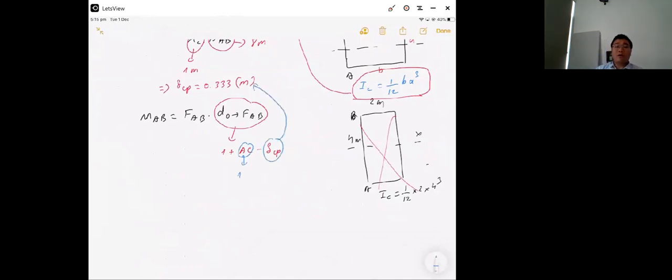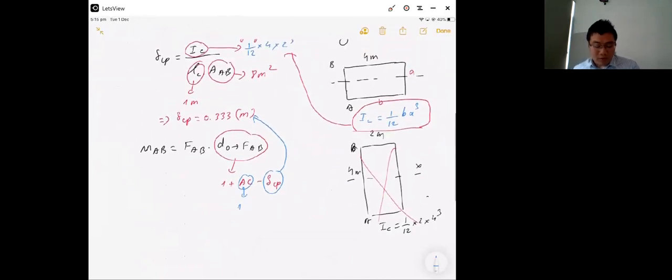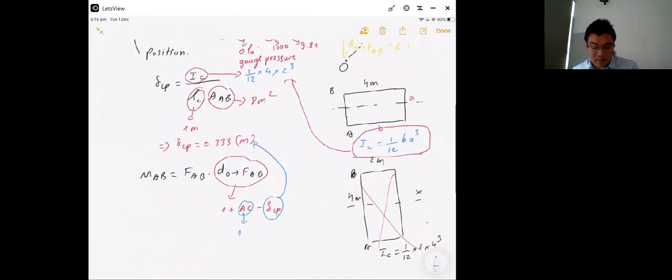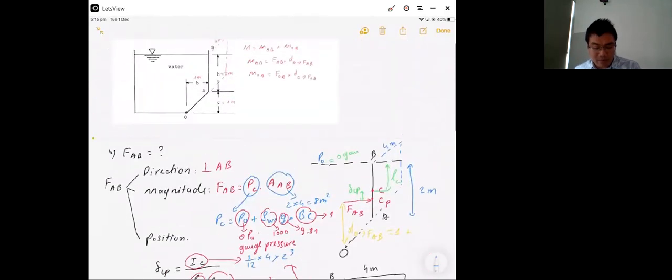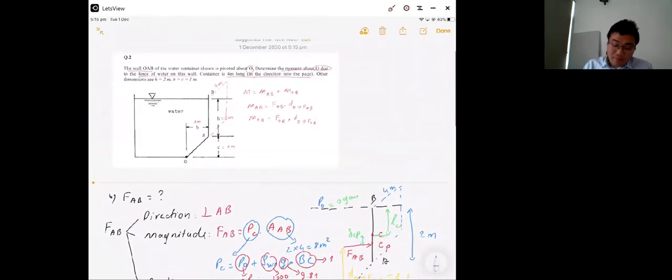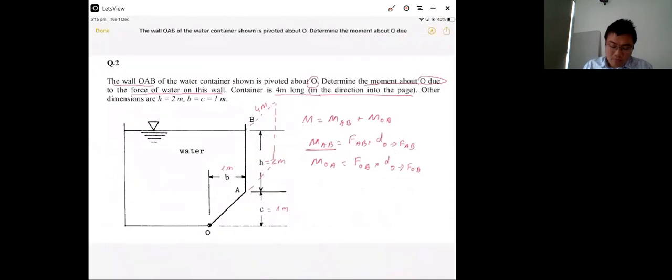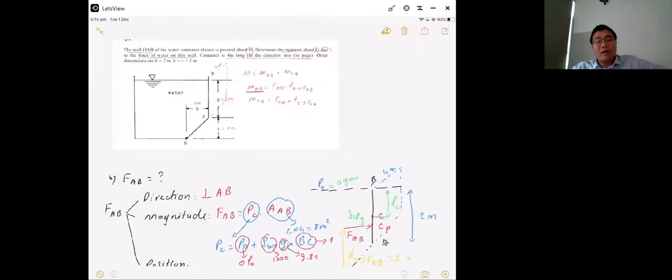So you can find the moment by the force applied to AB, MAB. So you can find MAB. And similar for OA.